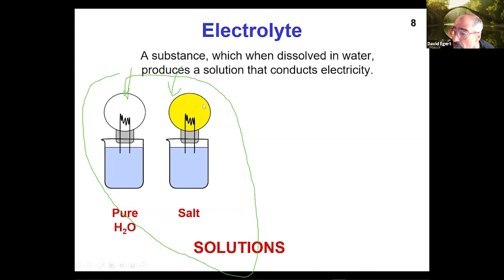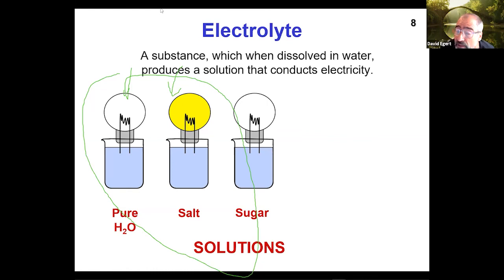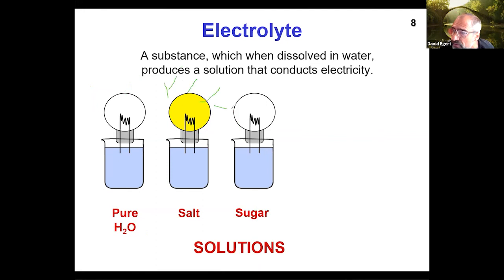Instead of using a bulb in lab, we're going to use a buzzer. Part of the lab is testing whether or not a solution conducts electricity. You'll just put the two wires in the solution. You'll dissolve something in something else.